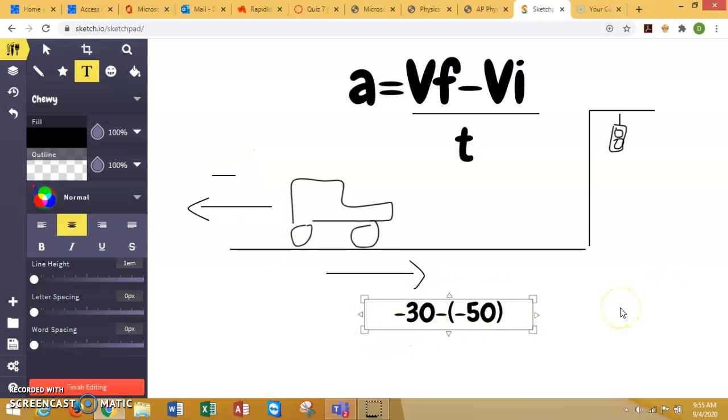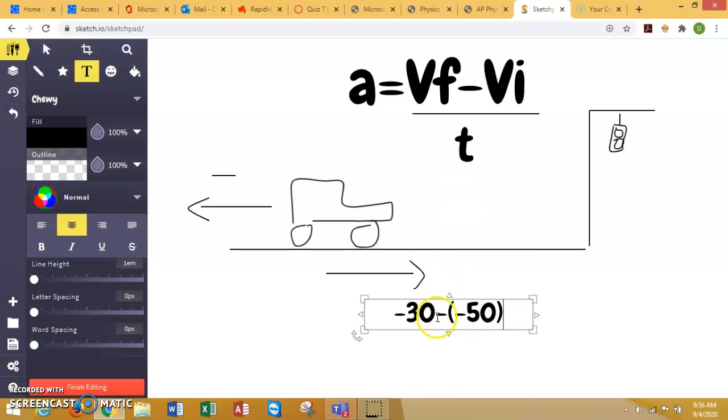So I had to say to myself, okay, my velocity is going to be negative. How do I get a positive answer? The only way, if I have two velocities that are negative, because that's the way I'm going, is to have my final velocity be less than my initial when I subtract them.